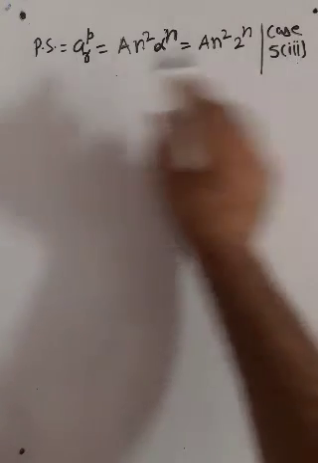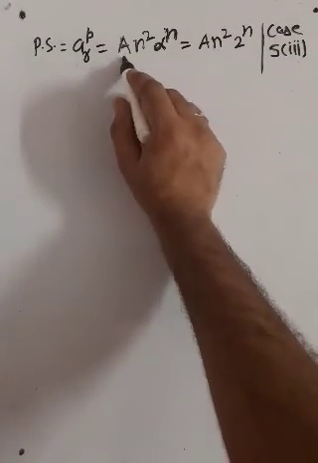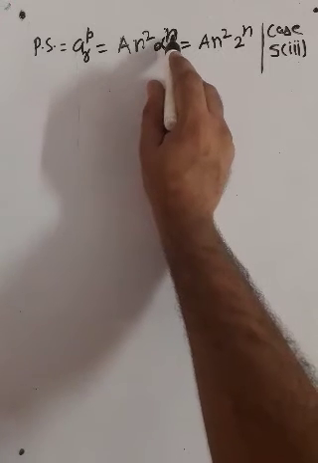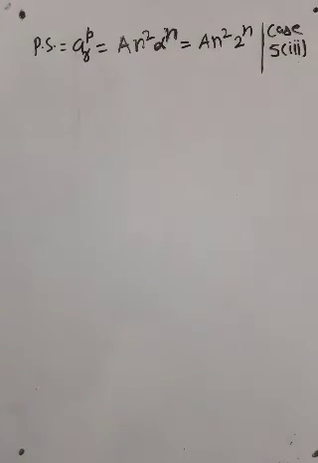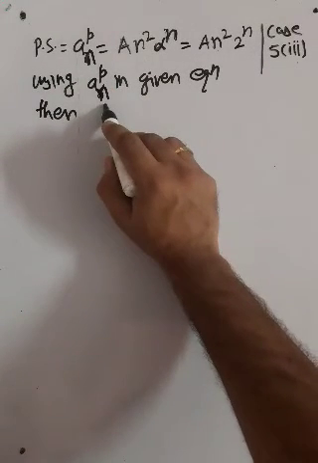So we can write the particular solution ARP is equal to capital A n square alpha power n, equal to capital A n square 2 raised to n. In this question R is not available, so we write n suffix.